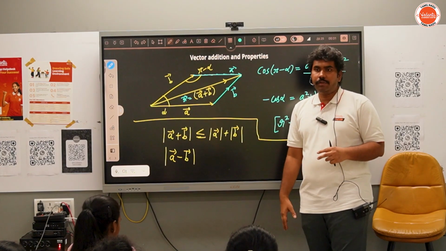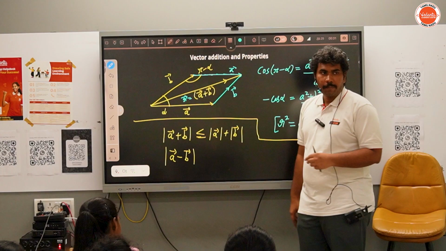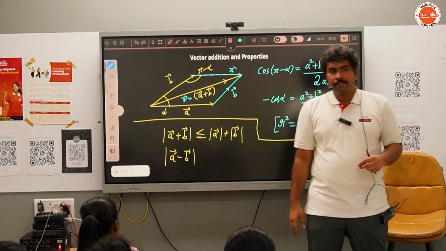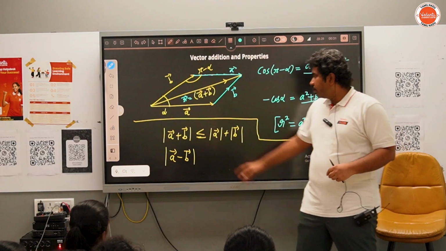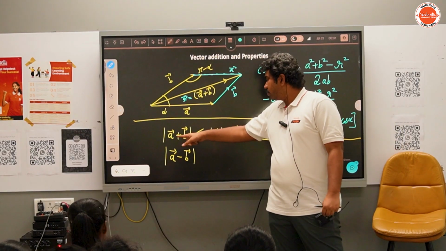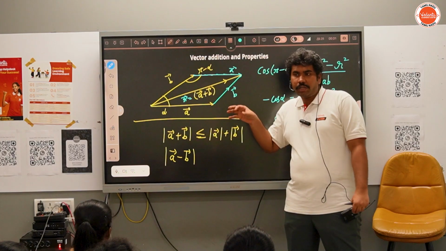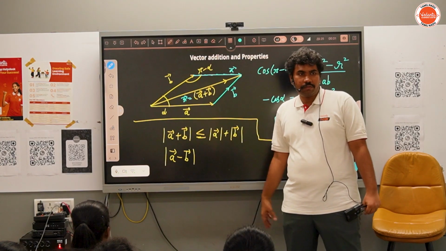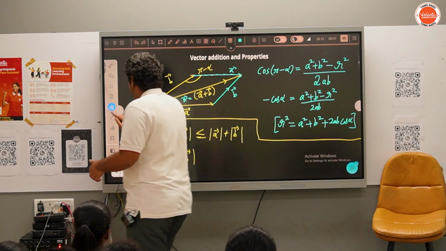That is a property of a triangle. If both are equal, then we can say modulus of 2 times a vector is 2 times modulus of a vector. We can say that, right? I will write that also.